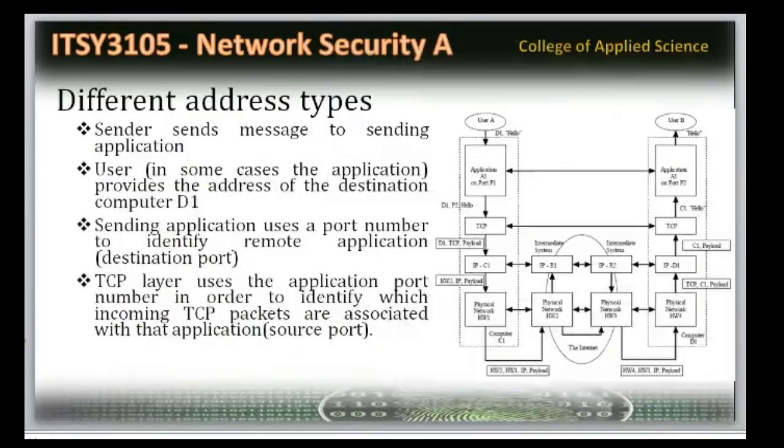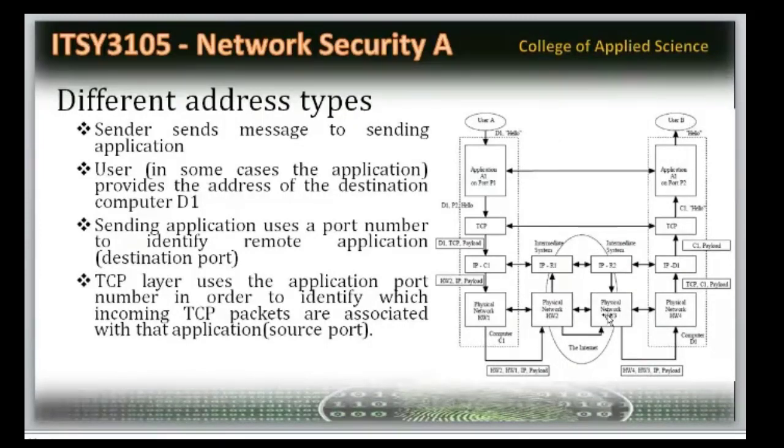So now you can see, this is one machine that wants to communicate with another machine. In between there are some machines available. You can see this is host 1, host 2, host 3, host 4. There are 4 hosts available. Host 1 wants to communicate with host 4.